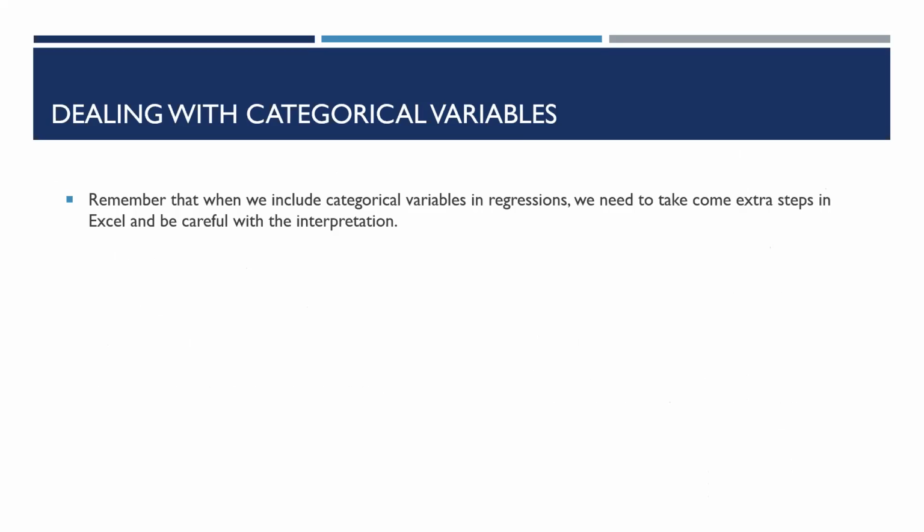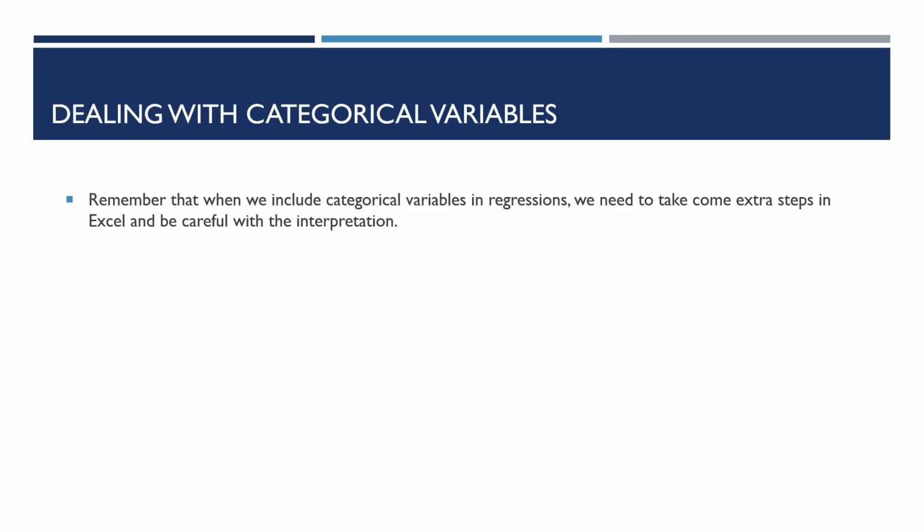The other type of control variable that we might include in our model is a categorical variable. And I say here, we have to be really careful both in how we deal with these in Excel as well as how we interpret them. Categorical variables, when you include them in regression, you have to take some extra steps. If you have a race variable, for instance, where each number corresponds to a different self-reported race, you can include that in your regression analysis.